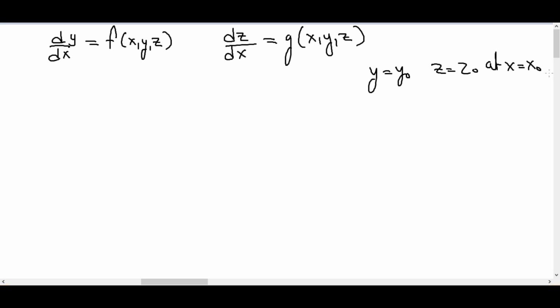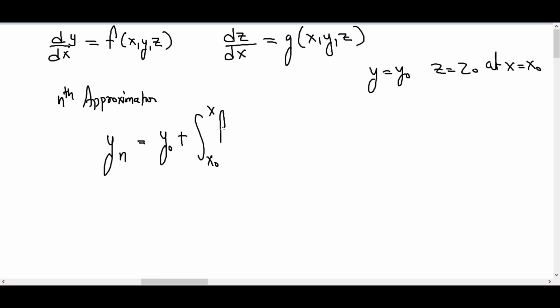So how to solve it and what is the method for that? Suppose you want to find the nth approximation. Then simply you write yn as y naught plus integral from x naught to x of f(x, y n minus 1, z n minus 1) dx, the previous approximation values of y and z substituted in here.